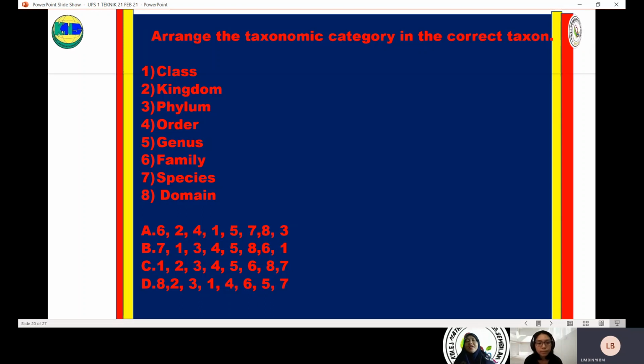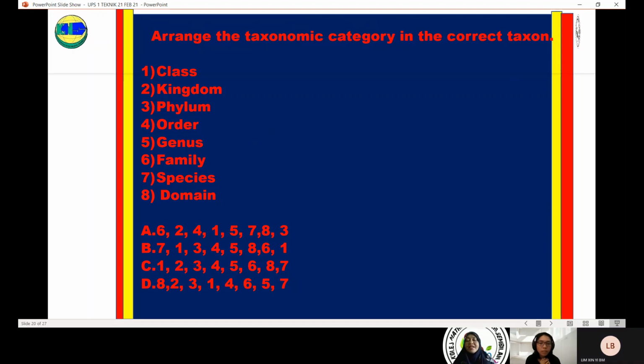I think they should know this, Madam Lim, because they are already starting their assignment, task one, and they have to know the sequence.